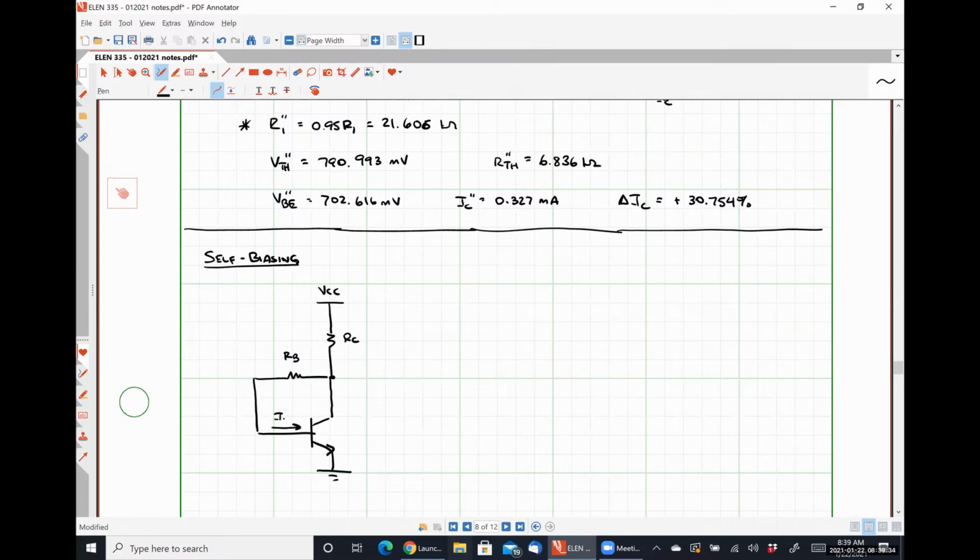Where here is IB, here is IC, here's VCE, here is VBE. Just by looking at this circuit, you should be able to tell me what the principal advantage of this scheme is. Anybody got any ideas why this is a very useful biasing scheme?